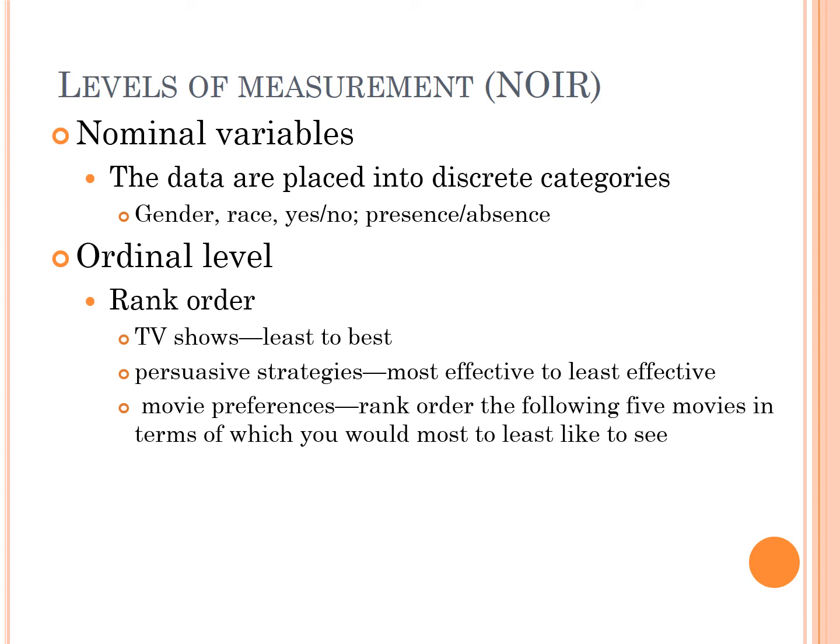Rank order the following five movies in terms of what you'd like to see most. The thing about a rank order is that it doesn't necessarily assume that there's equidistance between first and second, second and third, and things like that.